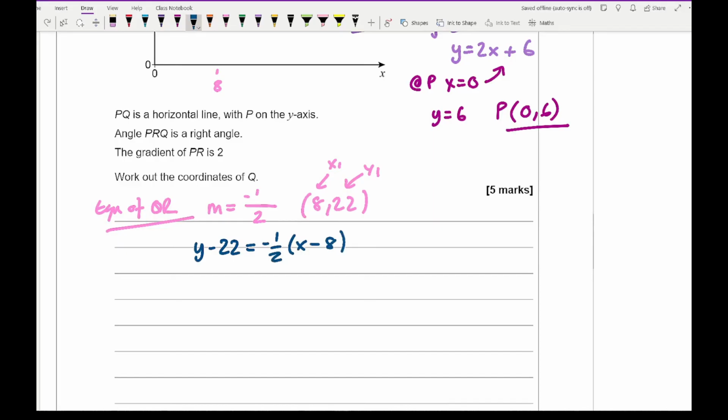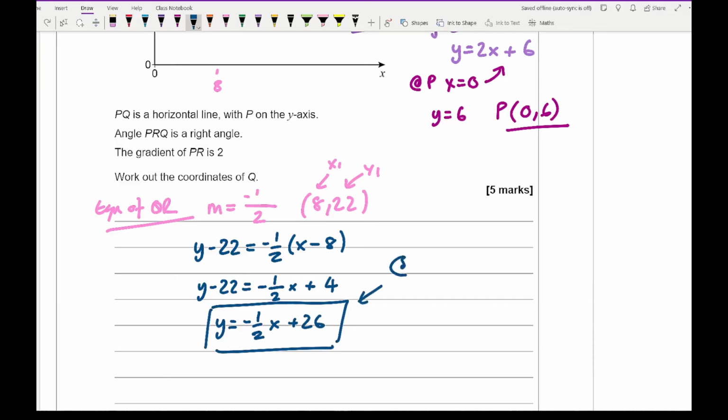And again, expanding the brackets out, I get y minus 22 equals -1/2 x plus 4. Then taking the 22 over to the side, I end up with y equals -1/2 x plus 26. Now at Q, we know that y equals 6.